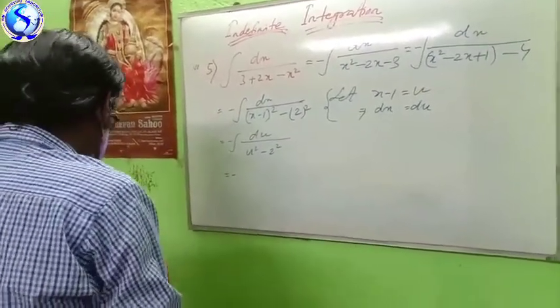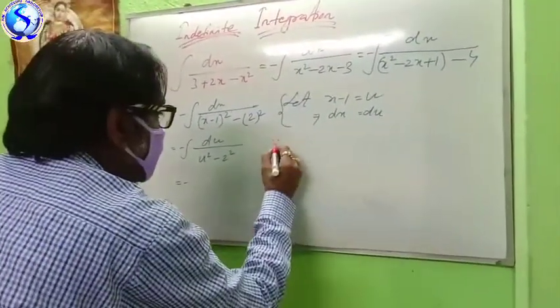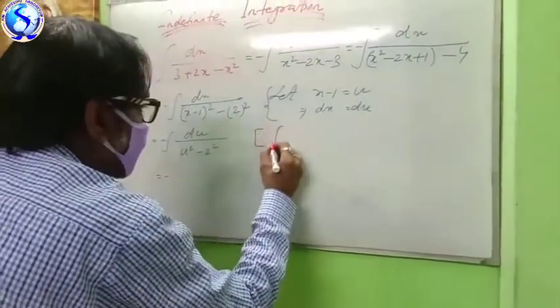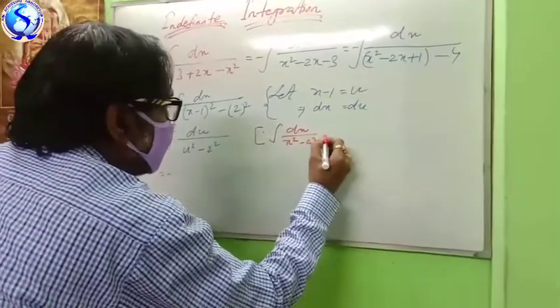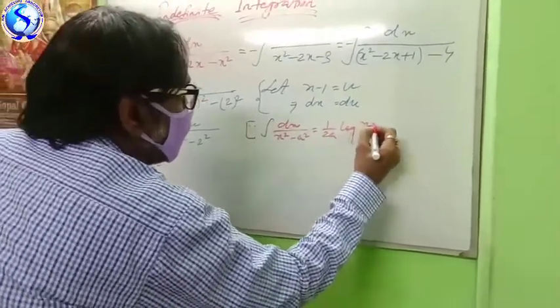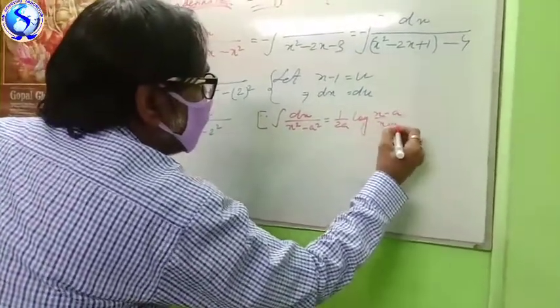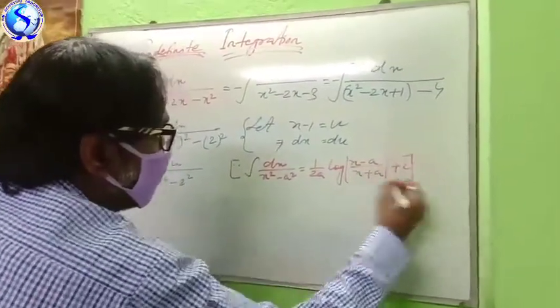Okay. Using the formula x square minus a square, writing the formula here: integration dx by x square minus a square is 1 by 2a log mod x minus a by x plus a. This is the formula you have to apply here.